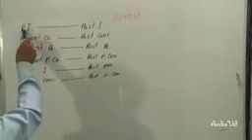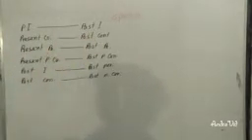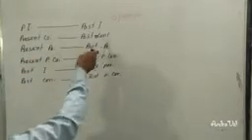Dear students, these are the rules of tense. You will have to know how to change at first, and for this reason you will have to know how to change the tense. I'm going to tell you it again. If you have present indefinite tense, you have to change into past indefinite tense. If you have present continuous tense, you will have to write here past continuous tense.